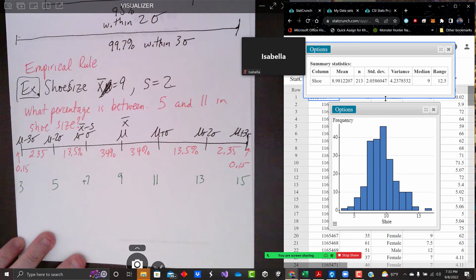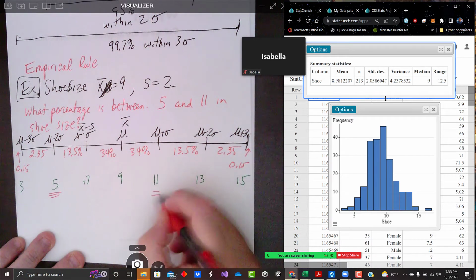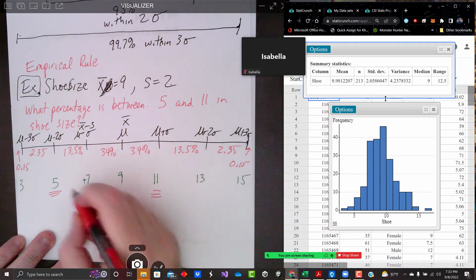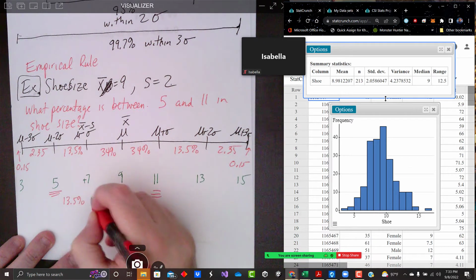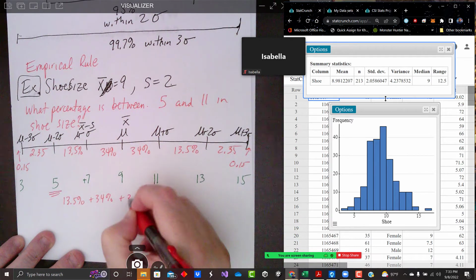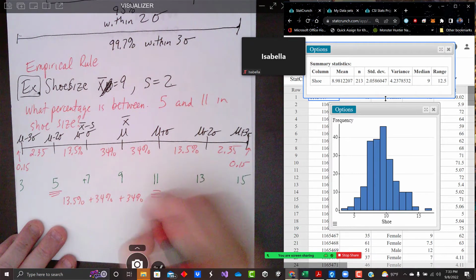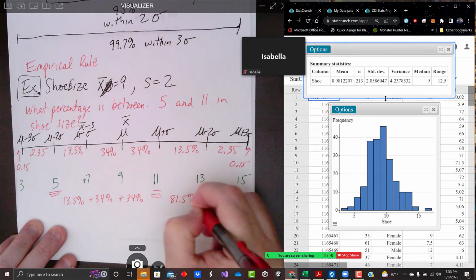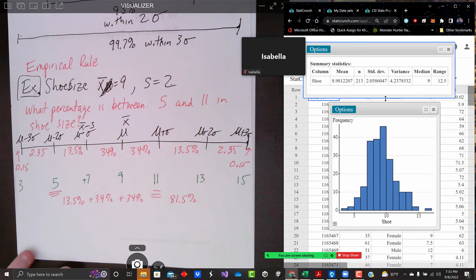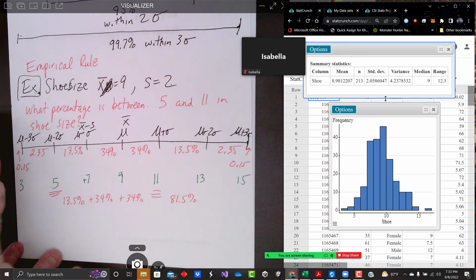So when they say what percent is between 5 and 11, what I need to do is come here and look where my 5 and 11 are, and use those percentages between them. This is 81.5 when we add it all up. They might say something like, what about 7 and 15?